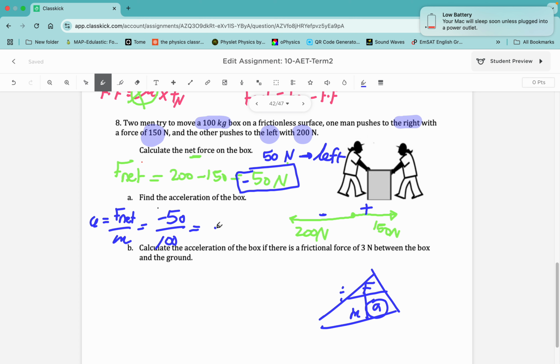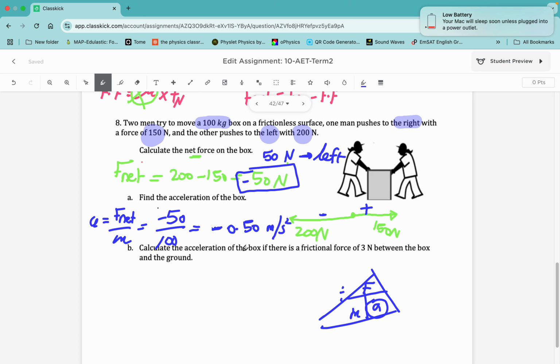It gives, of course, a negative value, because acceleration always has the same sign as the net force. So it's going to be equal to negative 0.50. Don't forget the measuring unit, which is meters per second squared.